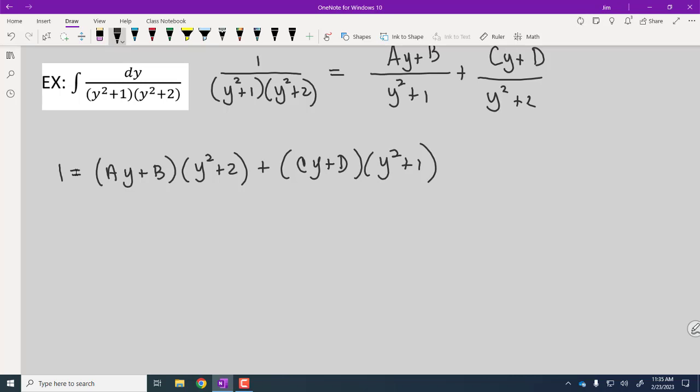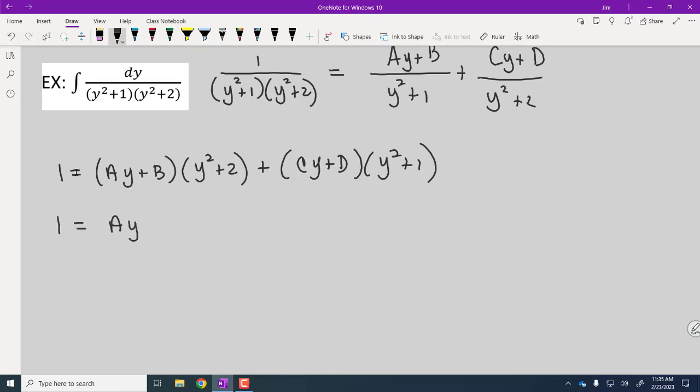And if everything's an irreducible quadratic, you definitely don't want to be doing convenient values. You want to definitely just stick with traditional method, which means expand everything out and match the corresponding coefficients. So we really don't have any choice here.